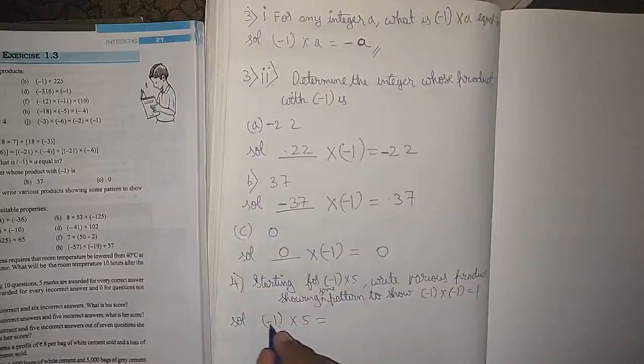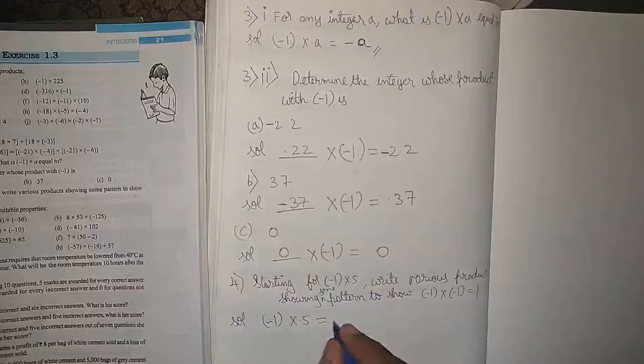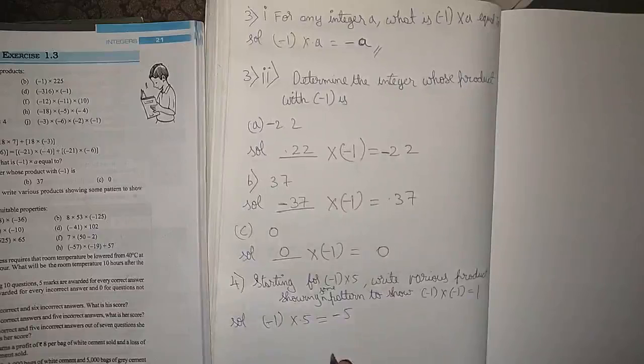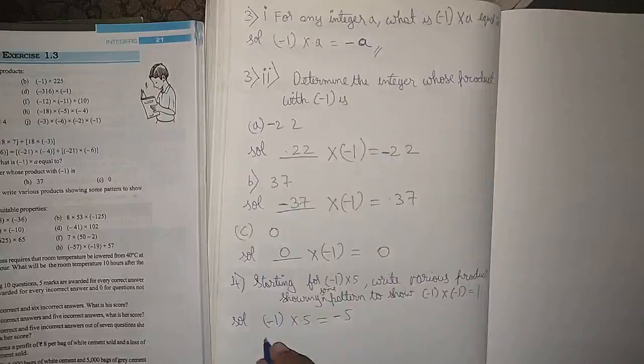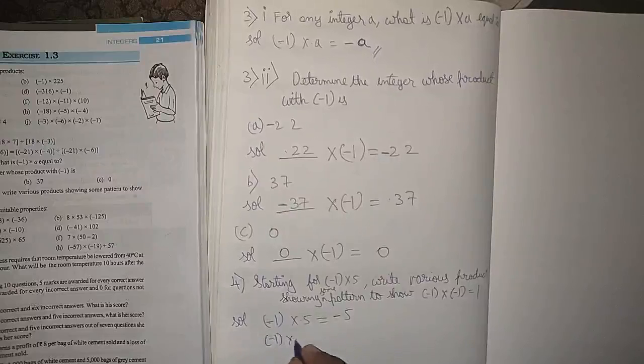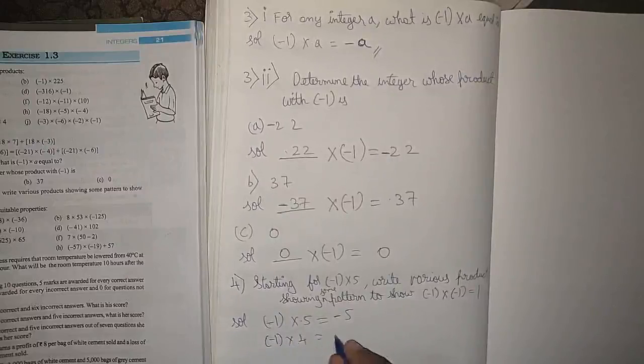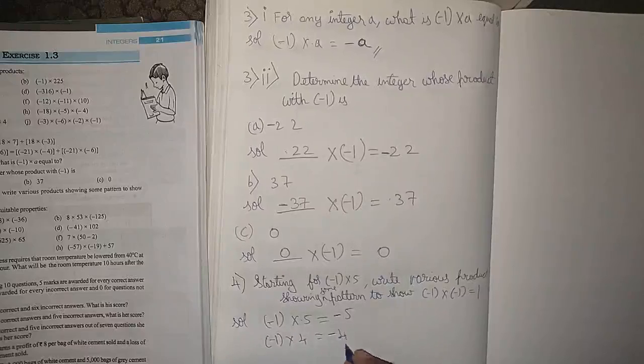Minus 1 into 5, how it will become? Minus into plus is minus 5. Okay. So this will be your first number. Next, let us go with minus 1 into 4. What will get? Minus 1 into 4 will be minus 4.